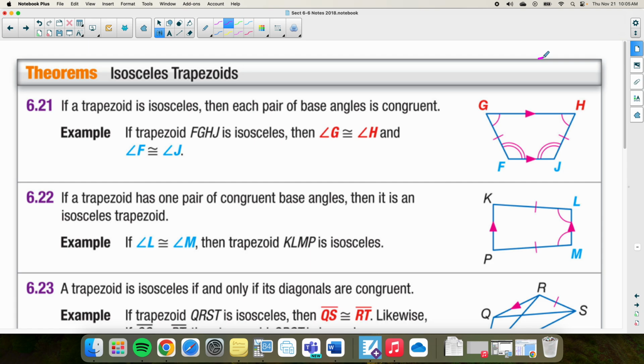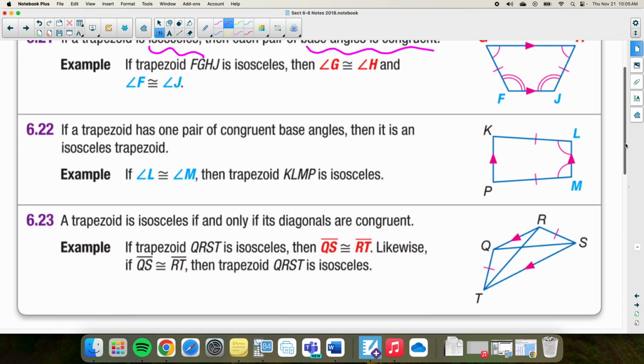So this is something we already wrote down, but if you have an isosceles trapezoid, your base angles are congruent. So again, these upper two along the one parallel side are congruent, as well as these two are congruent.